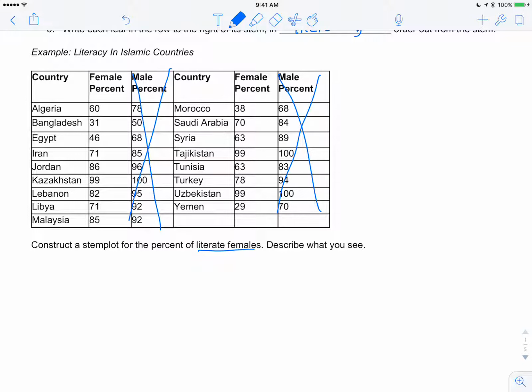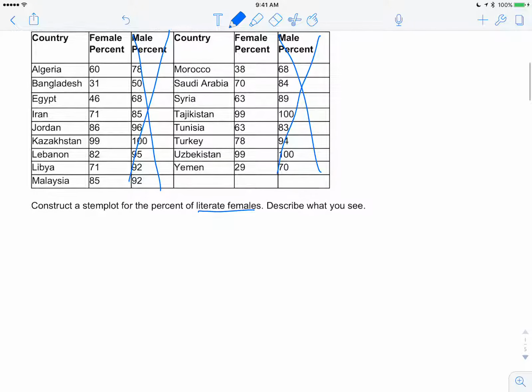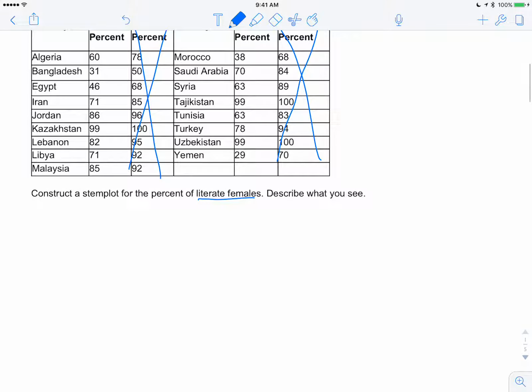So now we have two columns here of female percent literacy for each of these Islamic countries. We have a total of, it looks like 4, 9, and then 8, so 17 countries or data points to look at. So we need to put those in a stem and leaf plot, or a stem plot.